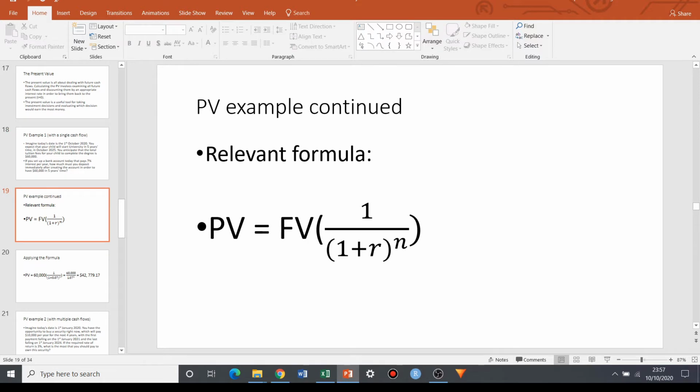So in order to answer this question, the first thing you should be aware of is the relevant formula that needs to be applied. As you can see, in order to calculate the present value, all you have to do is multiply the future value by 1 over 1 plus r to the power of n, where r is the interest rate and n is the number of years.